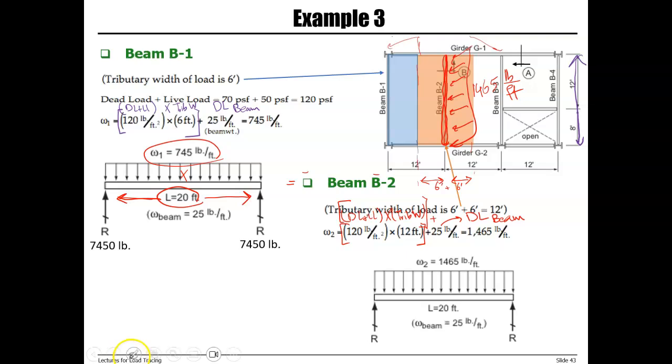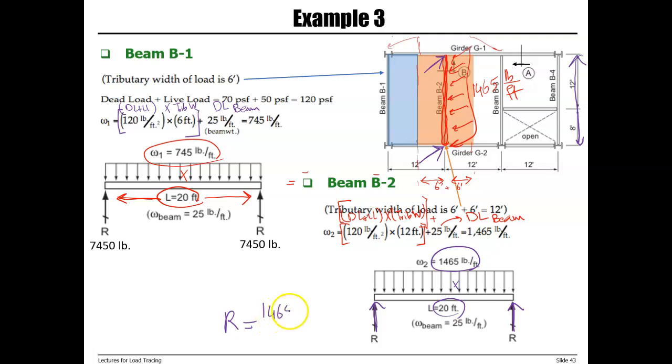Now we need to calculate the end reactions here and here for these two end reactions. And again, we have simply supported beam, end reactions are equal to each other because it's symmetric. So end reactions are equal to load times length divided by 2.